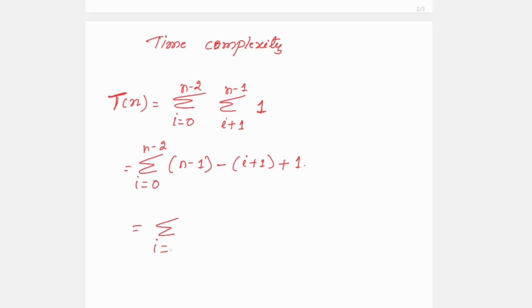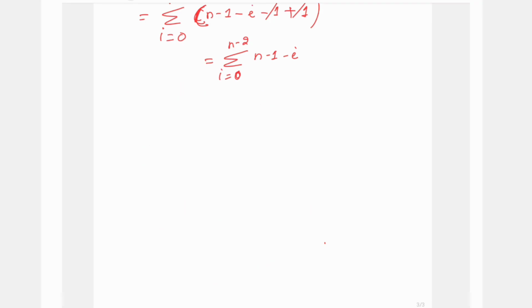Further simplification, summation I equal to 0 to n minus 2, n minus 1 minus I, plus 1 minus 1. So this plus 1 and minus 1 will get cancelled. So you will be having summation of I equal to 0 to n minus 2, n minus 1 minus I. If you remember, this is the same expression that you had got for the selection sort.